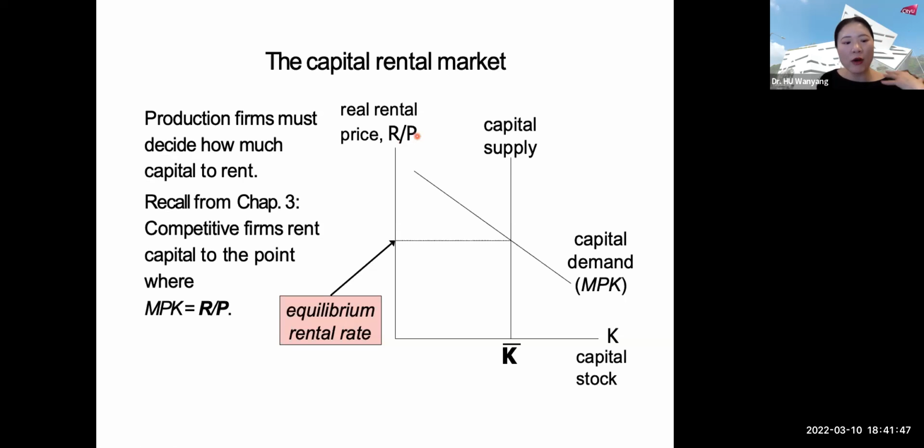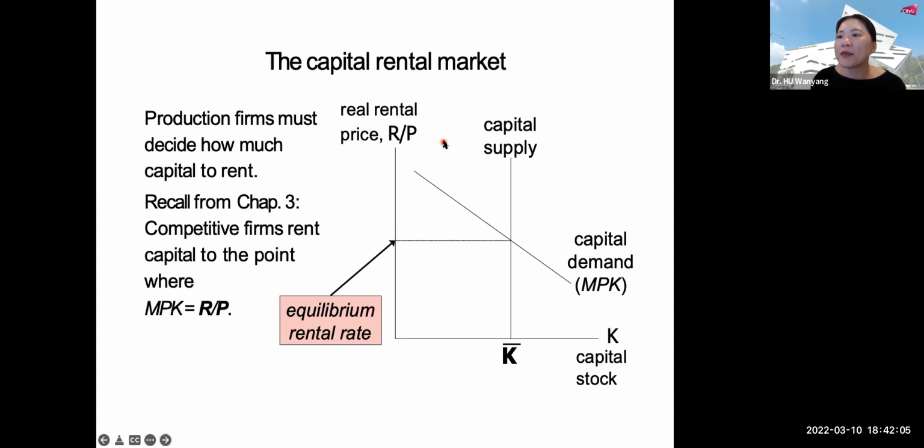But here we use the real rental price, so we need to discount it by the market price level. We use R, the rental price, divided by P. So this is the real rental price, the price of the capital.